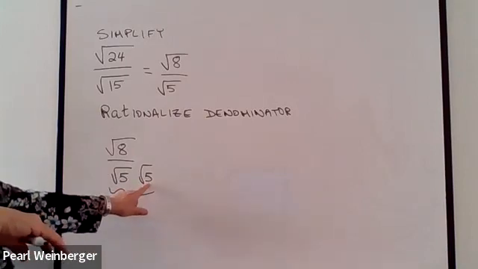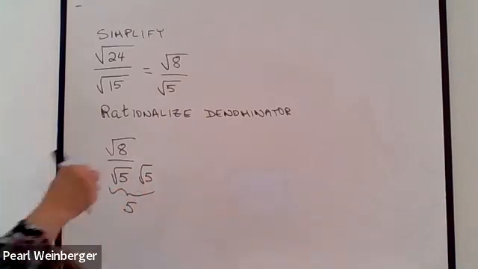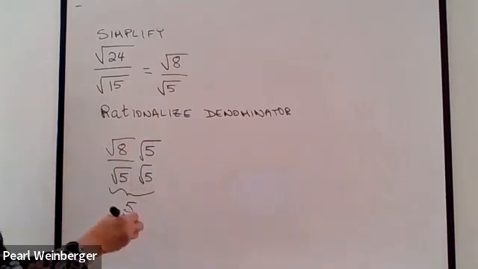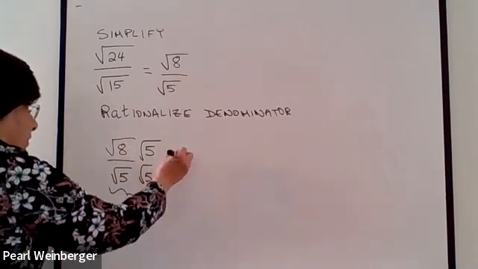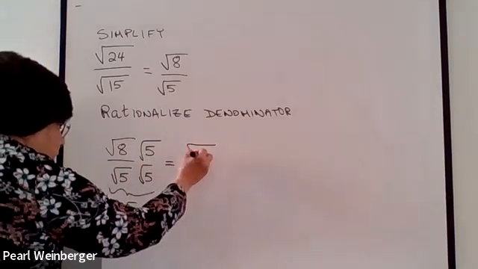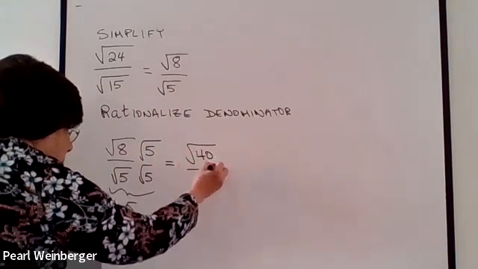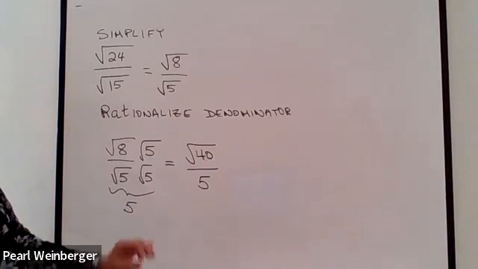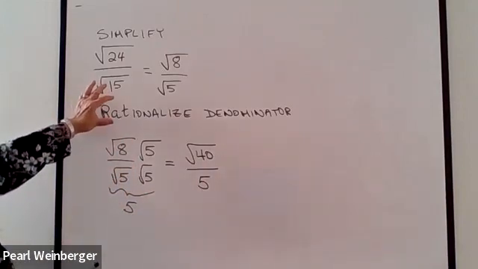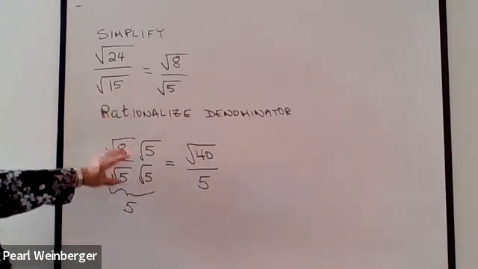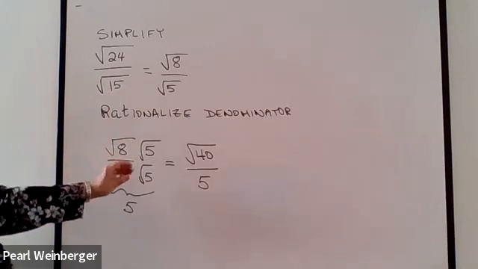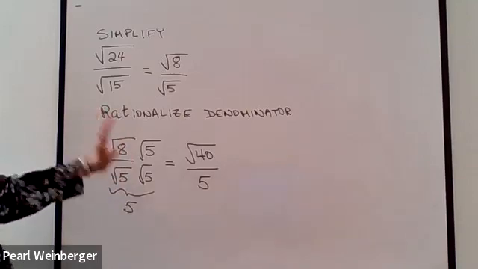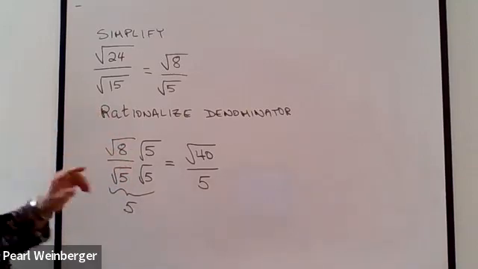But if I'm multiplying the denominator by radical 5, I'm going to have to do the exact same thing to the numerator. Notice that will then give me square root of 40 over 5. So rationalizing the denominator means multiplying the denominator by something that will make it a rational number, a number without a radical.